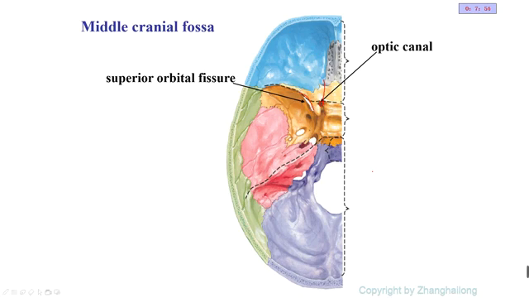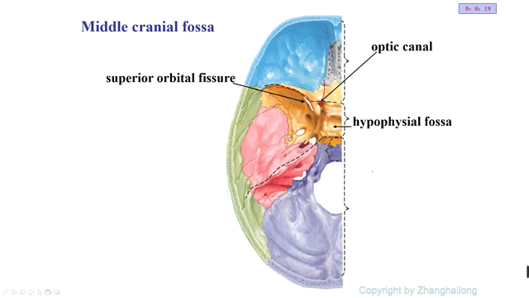This fissure is between the lesser wing and the greater wing of the sphenoid bone. The nerves, artery, and vein go forward from this fissure to the orbit, distributed around your eye, the superior part of your eye.